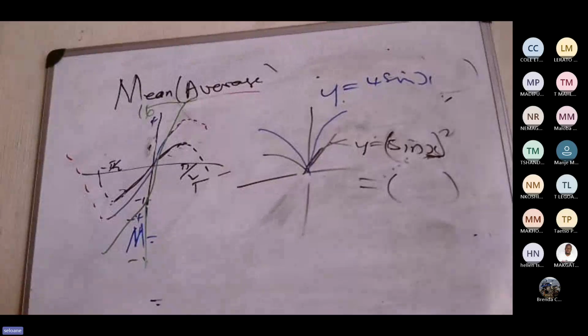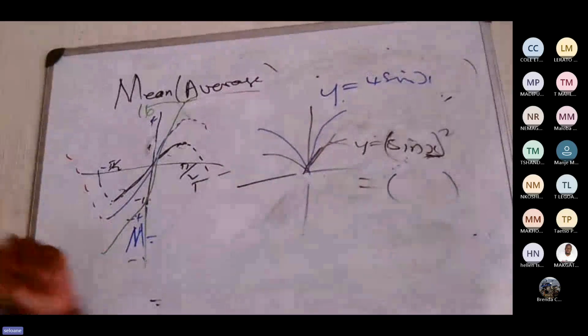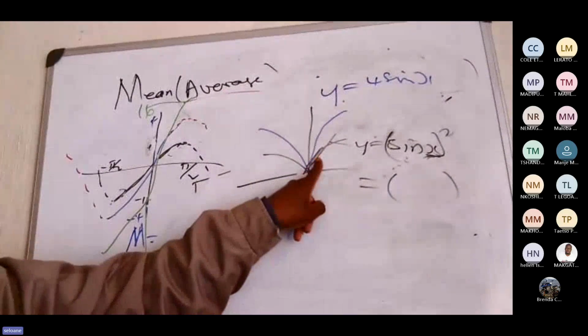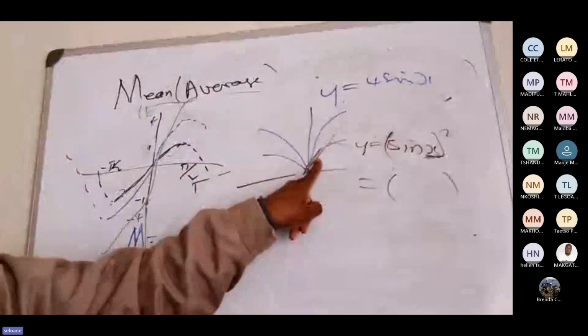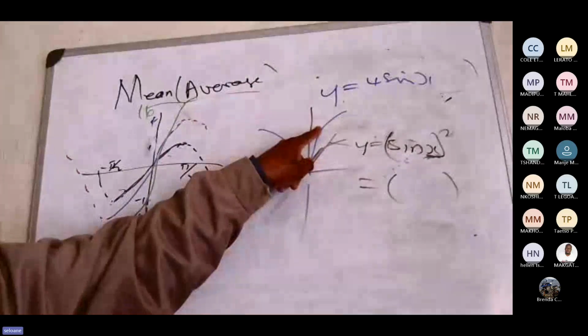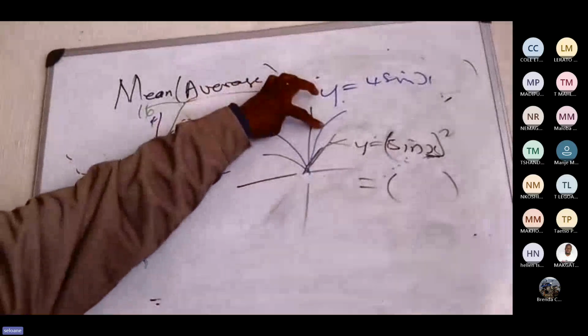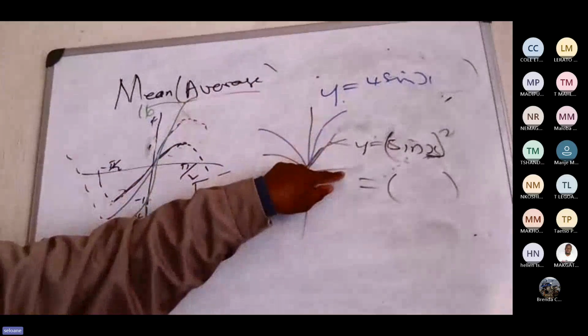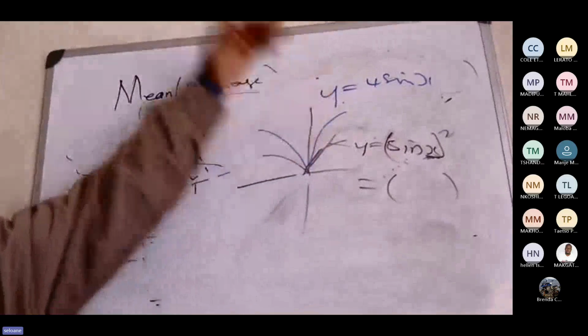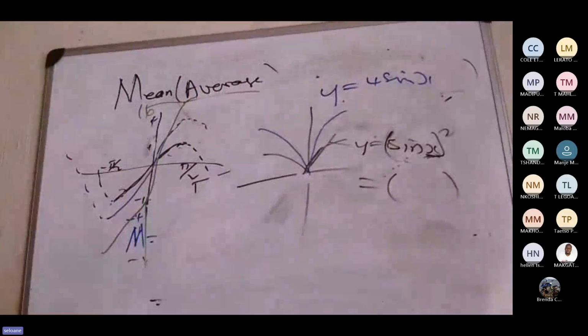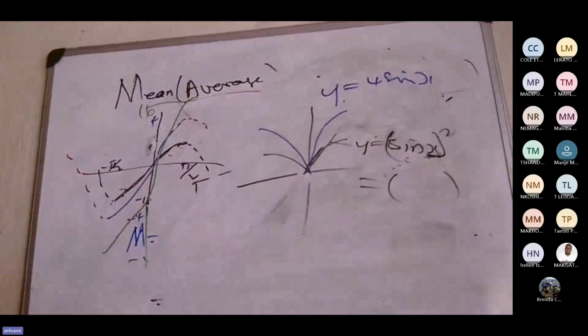Therefore, they are not going to give us 0. The average of sine x and the average of 4 sine x are no longer going to be the same. The average of this one is going to be more than this one, meaning this one has higher values of y. Then we can accommodate that in whatever model we are busy with.